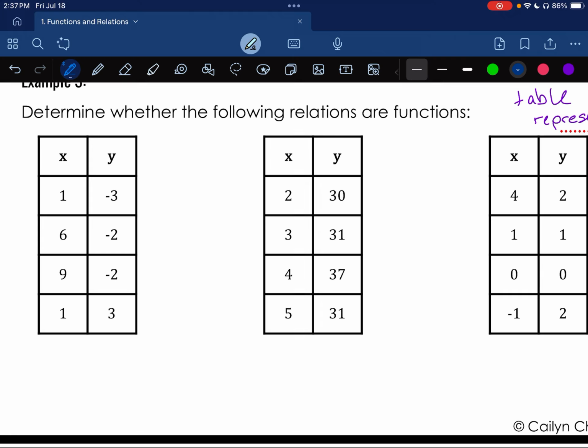So here we got 1 goes to -3, 6 goes to -2, 9 goes to -2. Remember, that's okay if they both go to the same place. But notice here that we have 1 going to -3 and we have 1 going to +3. That is not okay, right? One x value going to 2 different y values. So that makes this not a function.